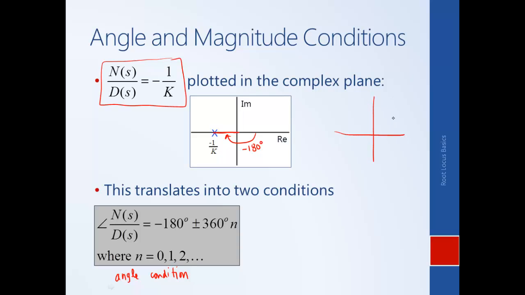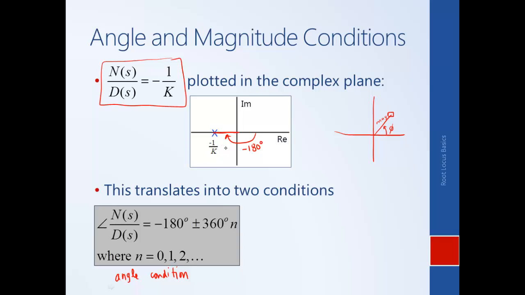So in general, if this is a complex number that we get when we plug this in, it'll have some phase and it'll have some magnitude.